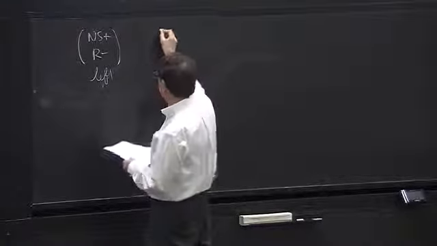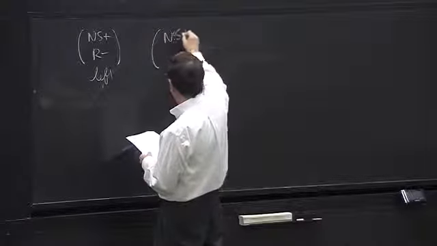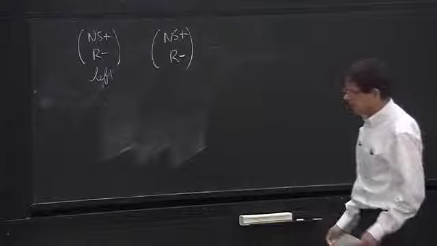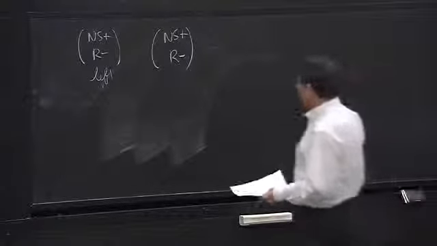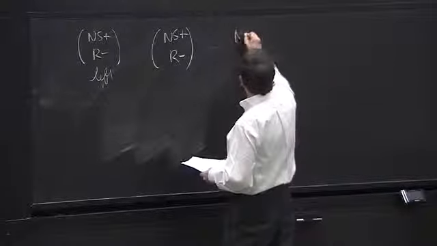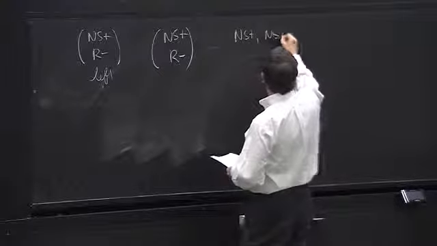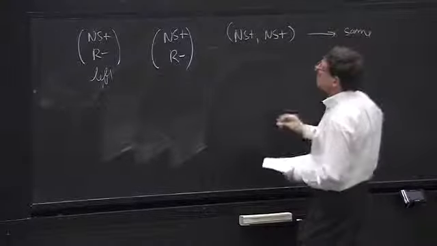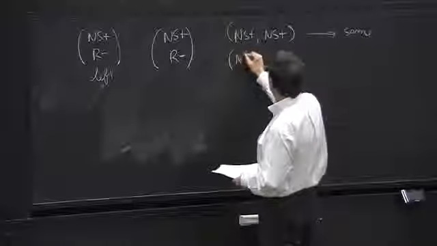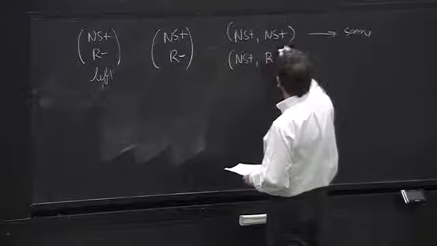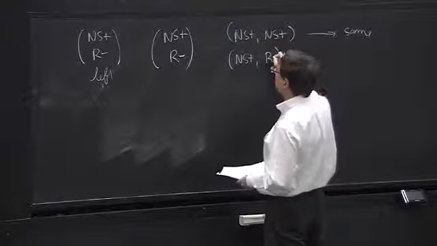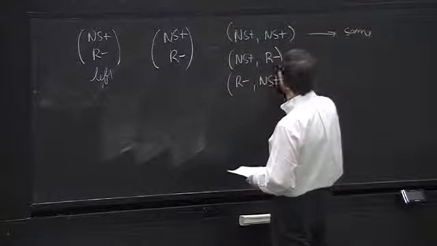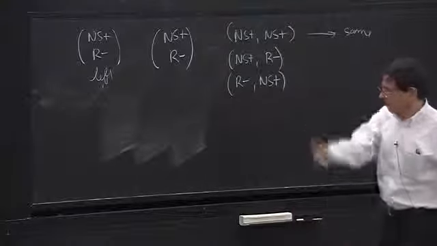So that's the same as that, but then here NS plus with also R minus, not a different fermion, but the same one. So the NS plus sector is just the same as before. Then you have the NS plus R sector, R minus, and then the R minus NS plus. Now, I won't bother to write them.